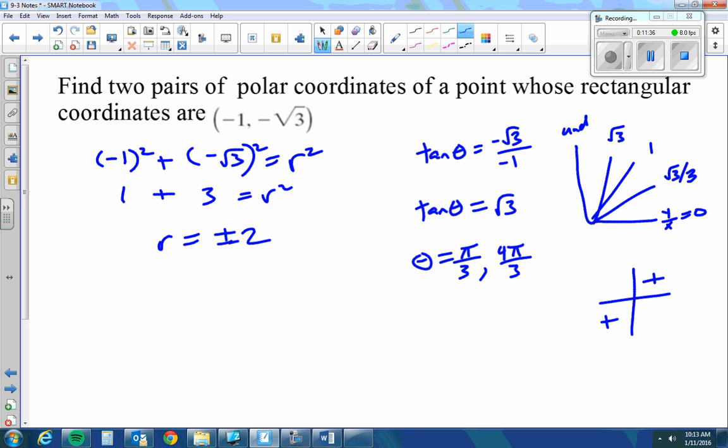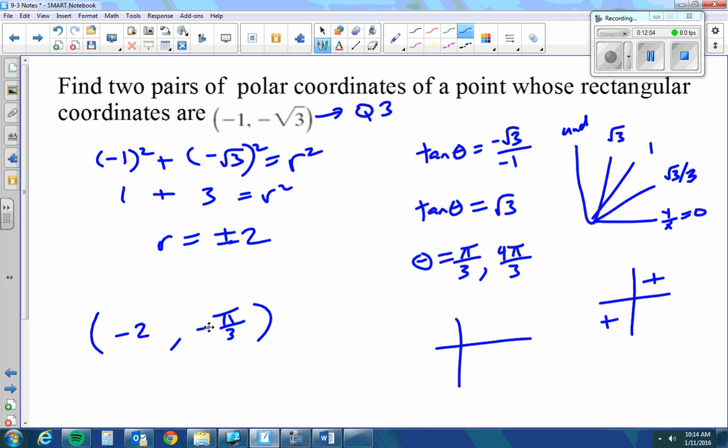All right. Brianna, give us one pair of valid coordinates. Actually, first I forgot. Which quadrant is that point in? Now, Brianna, give us a pair of polar coordinates that work. No. Let me plot what you said, okay?